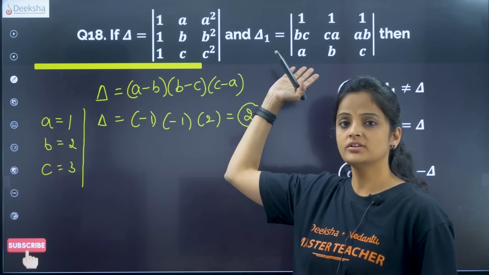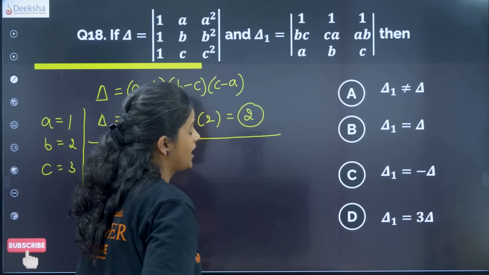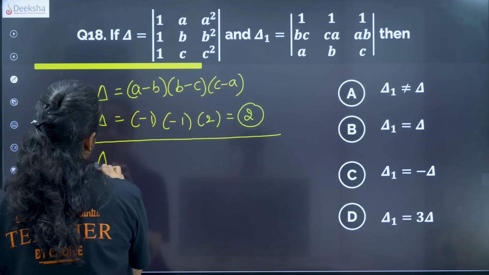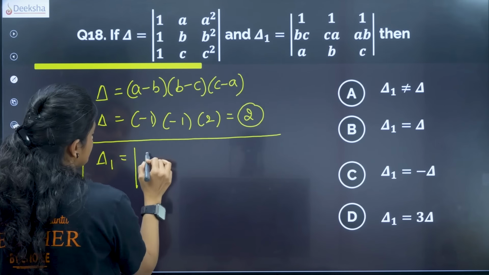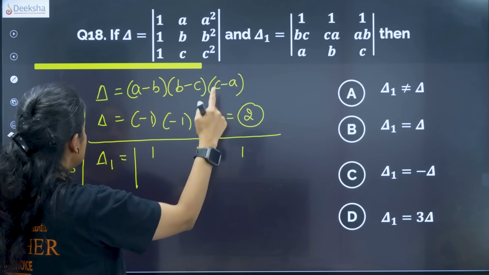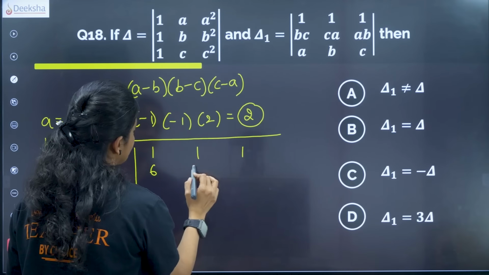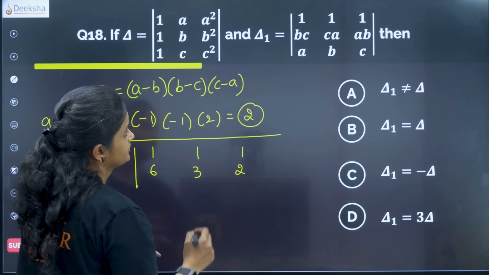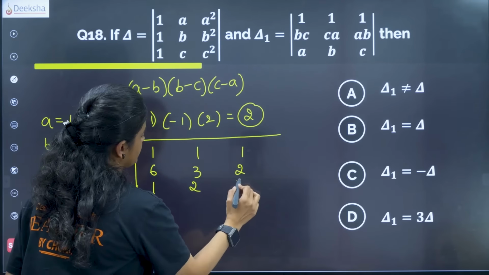Let's do the same for the other one. If you do it like this, you don't have to use the properties of determinants as such. So delta 1 is equal to, putting the values, 1 1 1, then bc gives 6, ca gives 3, and ab gives 2, and abc will be 1, 2 and 3.